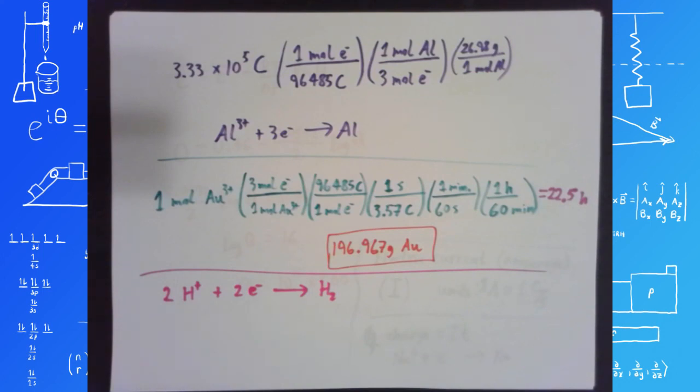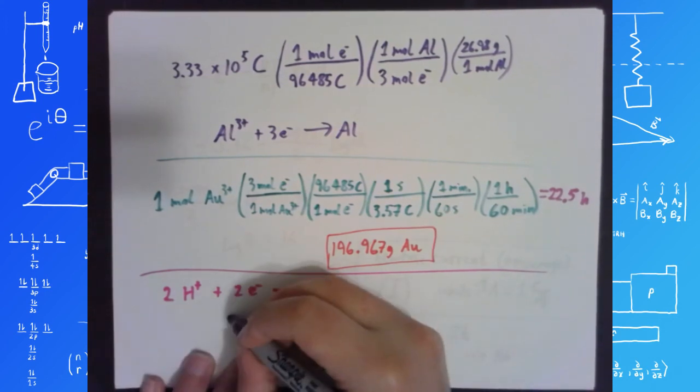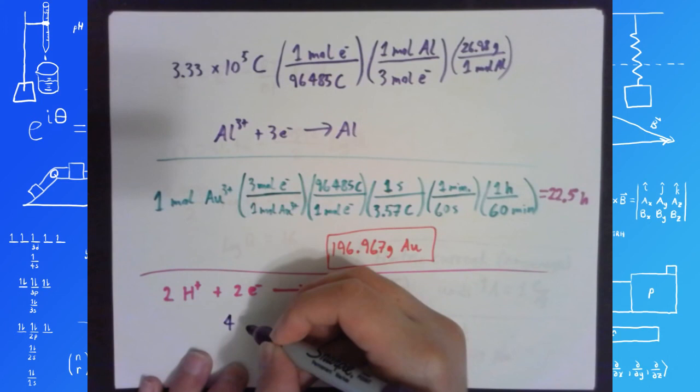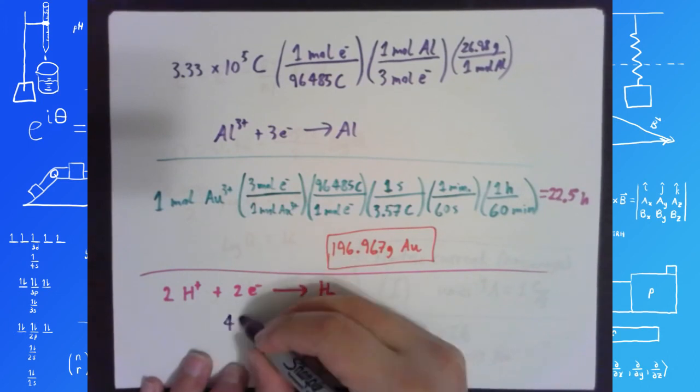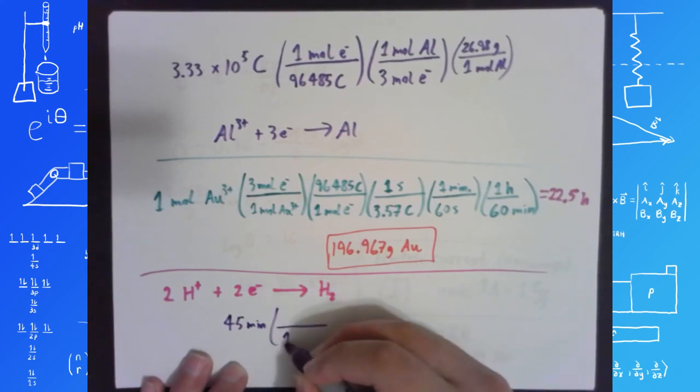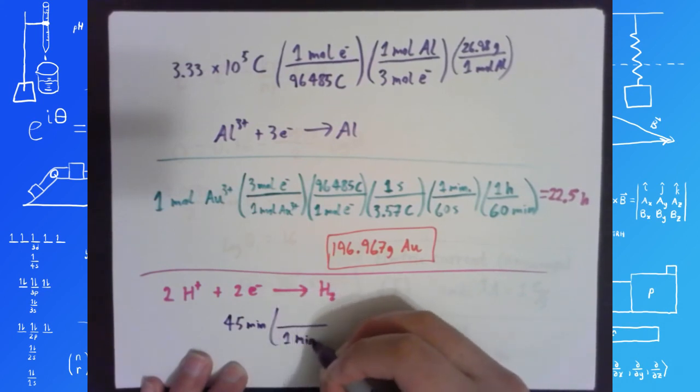Then start with your 45 minutes, convert it to seconds. Okay, so 45 minutes, every 1 minute is 60 seconds.